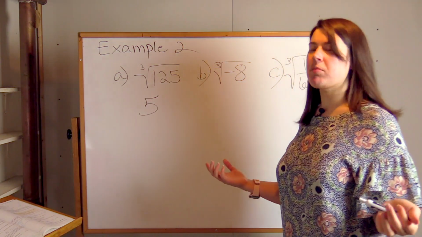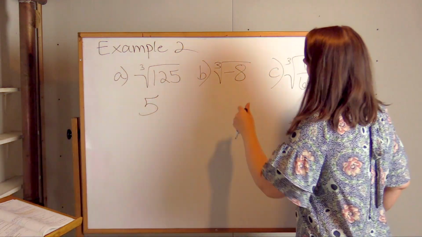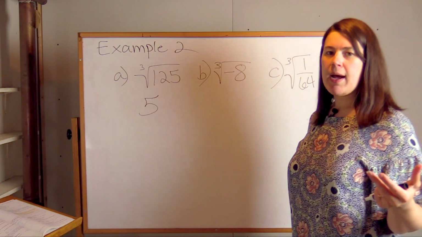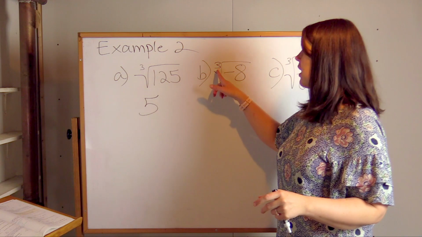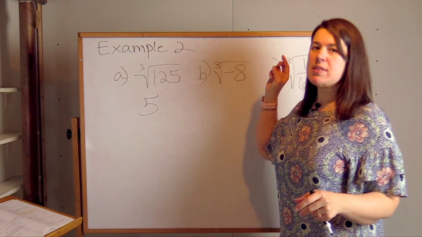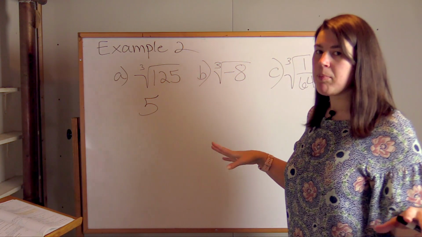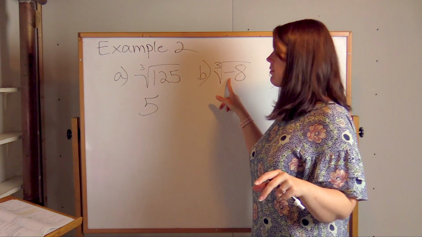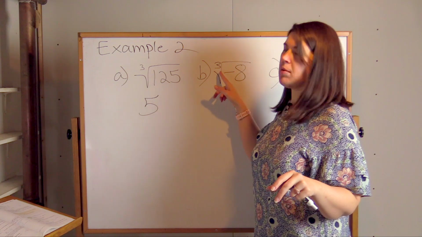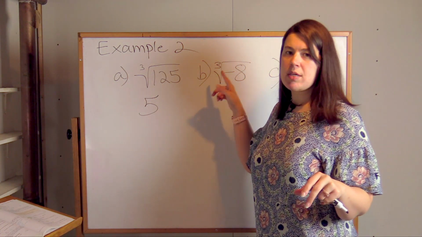So the cubic root of 125 would be 5. Now notice we have a negative sign under the radical this time. Negative numbers can only work with odd radicals. If it's even, it can't happen. So there would be no solution if there's a negative sign under an even radical, but this is odd, so it is possible.